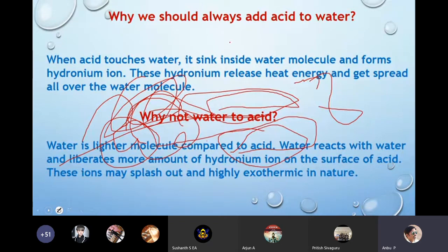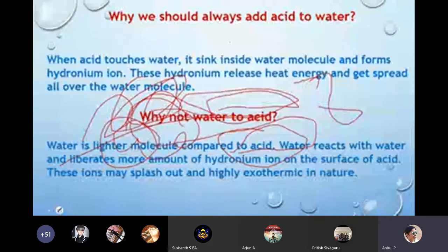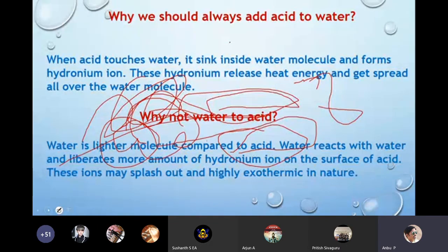Did you get it, Arjun? Good question. Maybe others can also understand what will happen with organic acids. Strong acids can be highly explosive in nature, but weak acids do not release much heat energy.